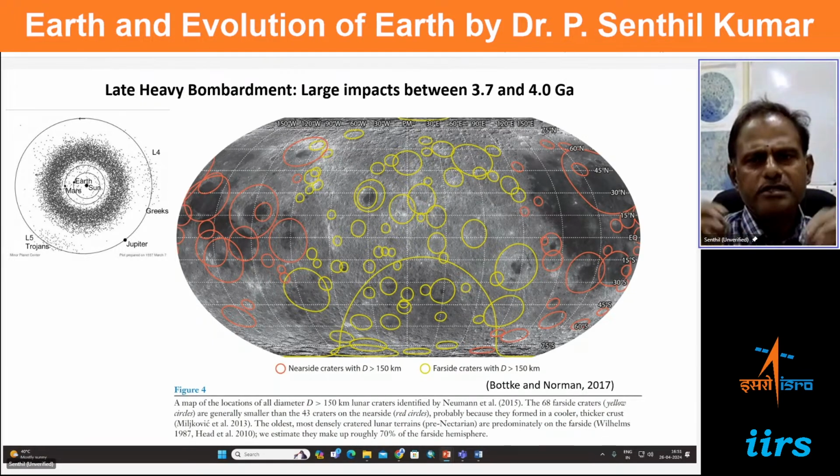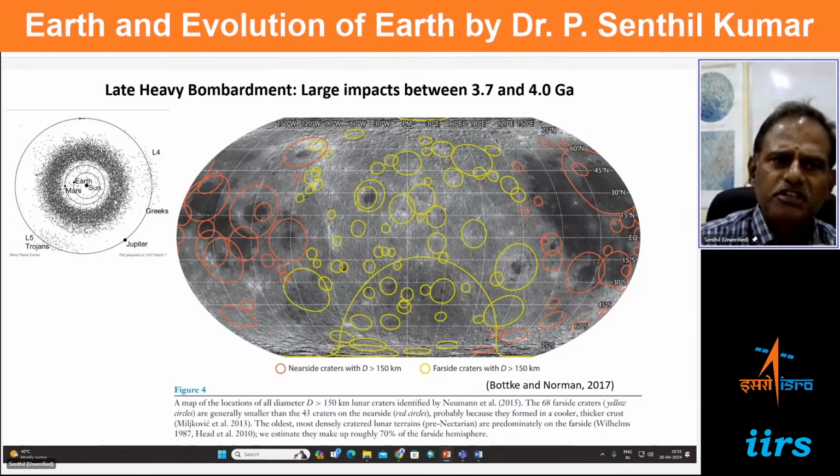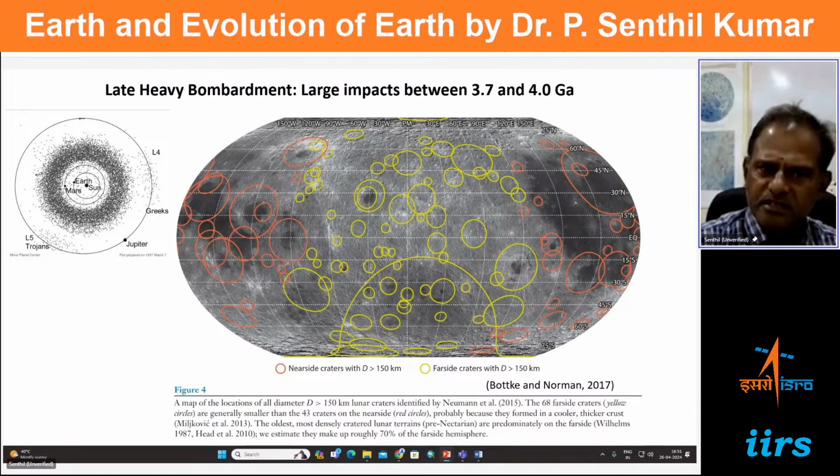So there are hundreds of thousands of meteorite impacts that happened on the surface of the Moon, and they produced craters. Why do they happen? Because of the main belt asteroids, which are sitting in between Mars and Jupiter. You know, yesterday you heard about planetary migrations.